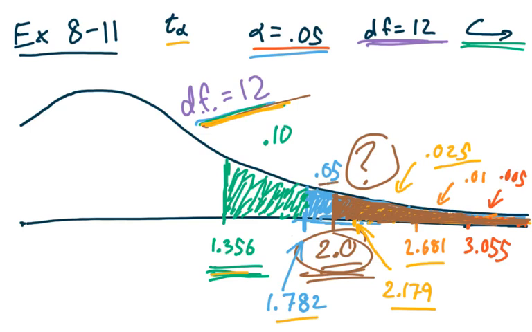I know it's a little bit less than 5%, but I know it's greater than 2.5%. So the area for this particular t value is between these two values that we can find exactly.